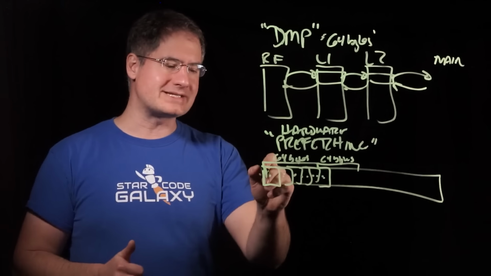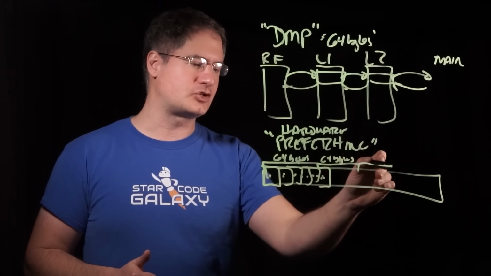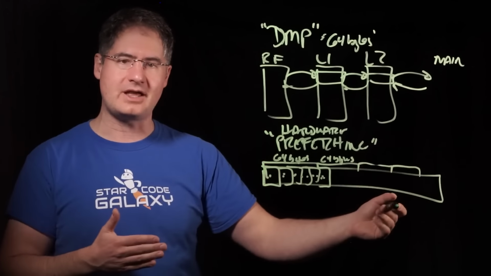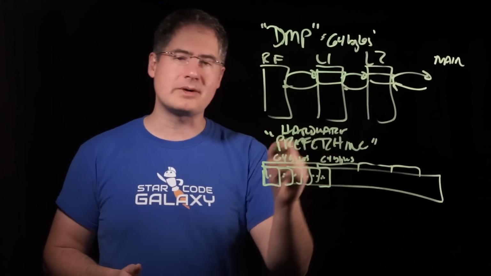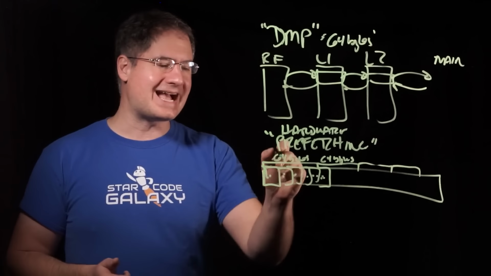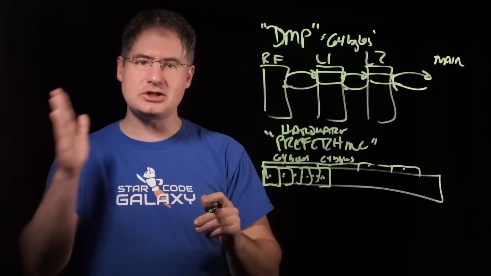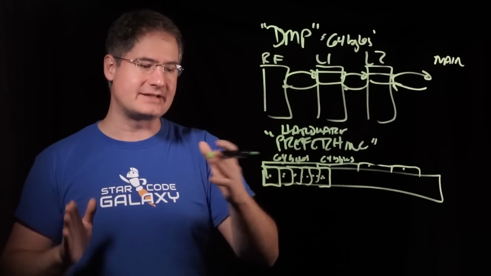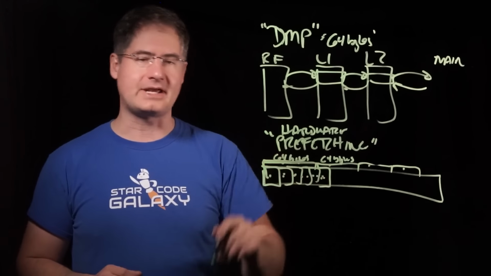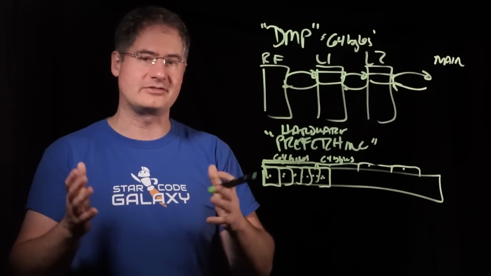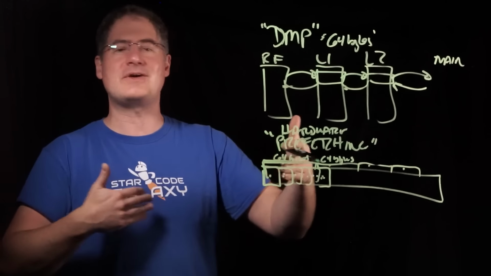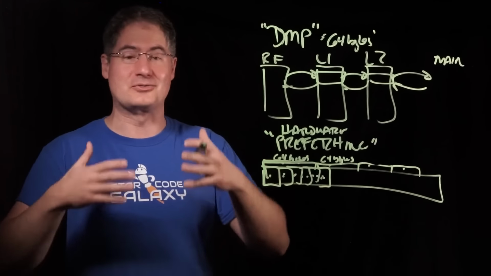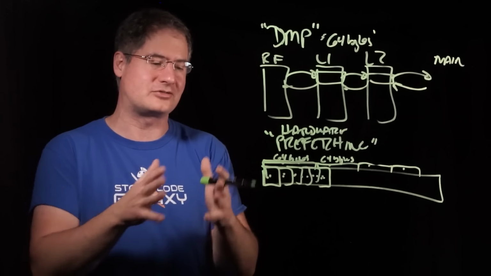If the CPU can tell that you're just asking for chunks one after the other, a hardware prefetcher can step in and say, I see a pattern here. I see you getting cache lines, right? These little things called cache lines. That's what we call the 64-byte chunks. Again, I don't know the sophistication of everyone watching, so I apologize if this is repeating things that you already know, but just so you know.